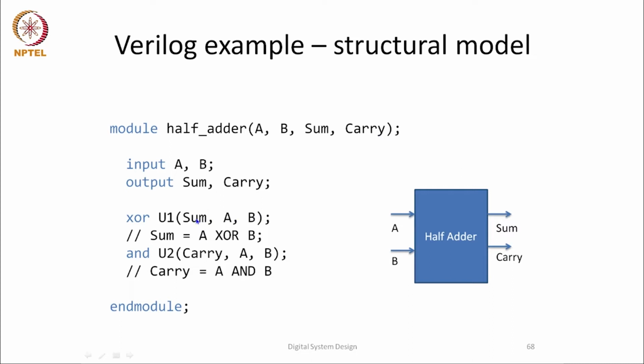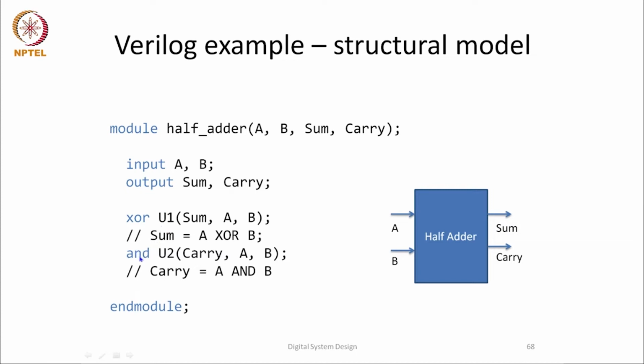So sum would be connected to the output of XOR, A would be connected to the first input of XOR, B would be connected to the second input of the XOR, and U1 is the instance name or the object name. You can visualize that there could be multiple XOR gates in our module, so each of them should have different names, and that's why this is the instance name.